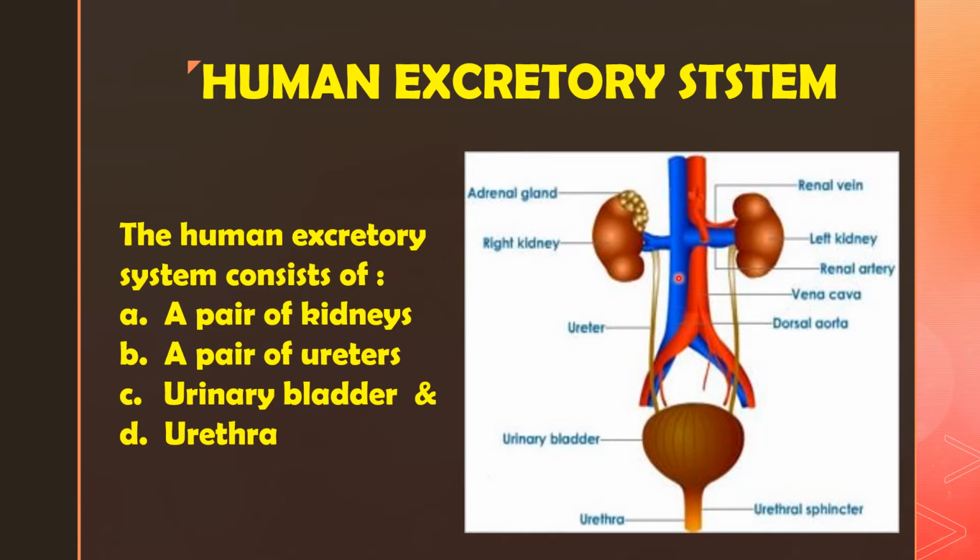That's why the color is blue. And an artery generally carries oxygenated blood or pure blood. That's why this color is red. This is the vena cava. This is the dorsal aorta. And that is the urethral sphincter muscle.